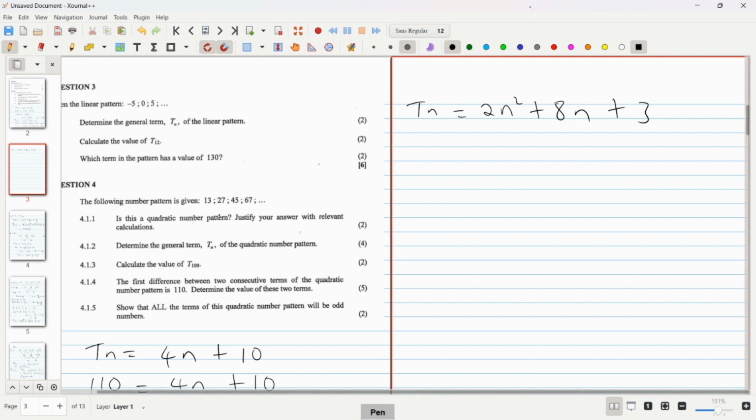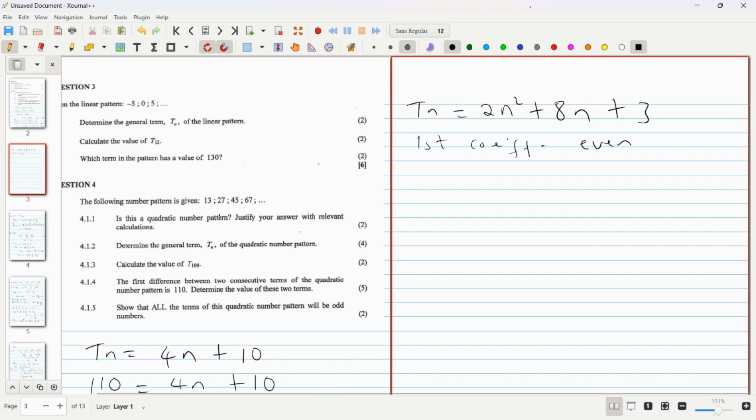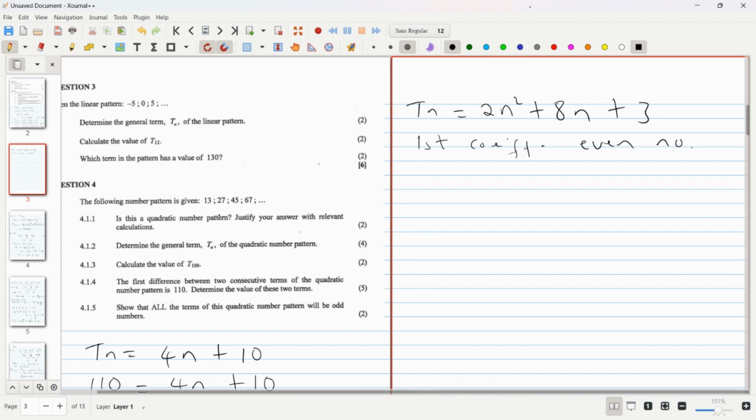So for the first coefficient, you can see it is an even number, and the second coefficient is an even number as well.